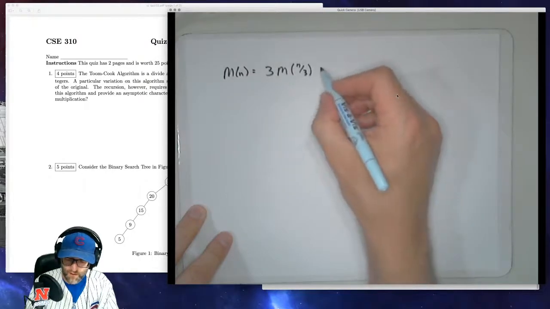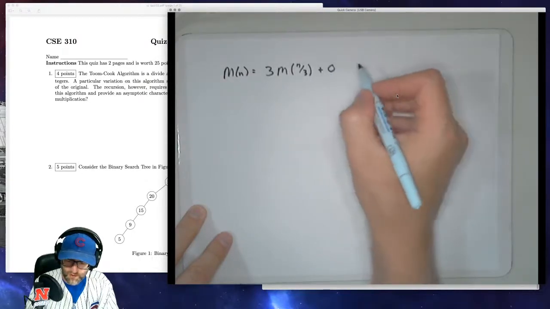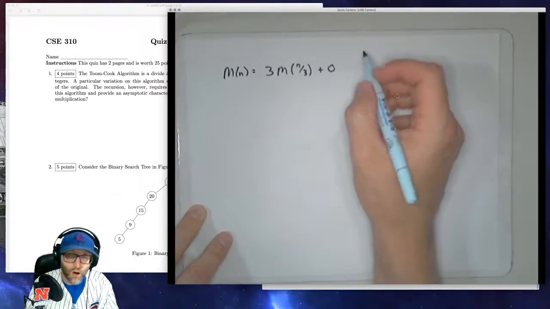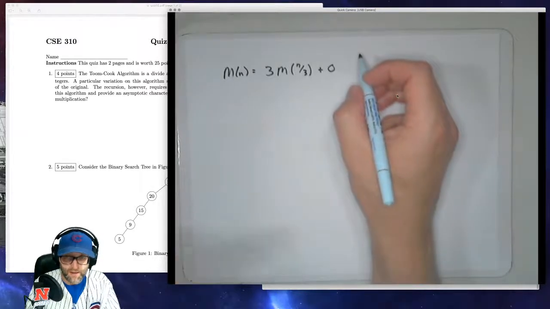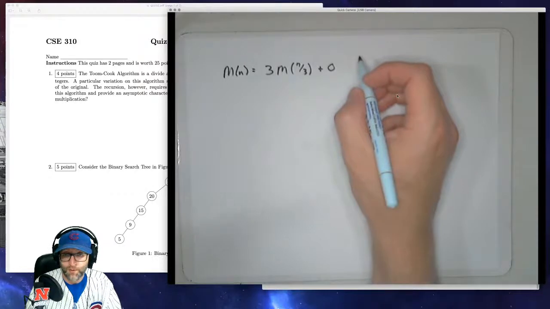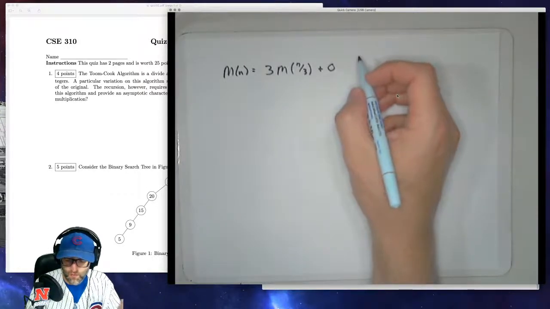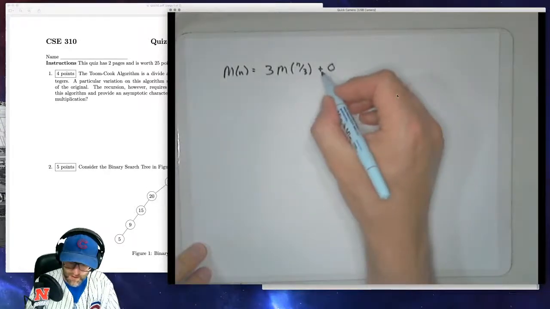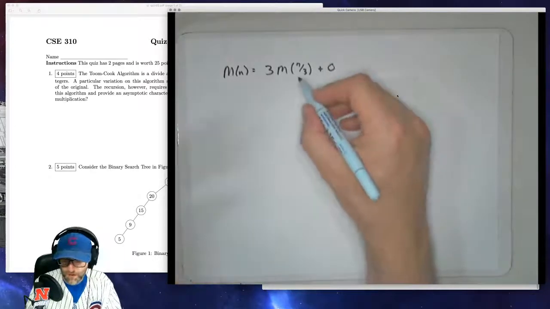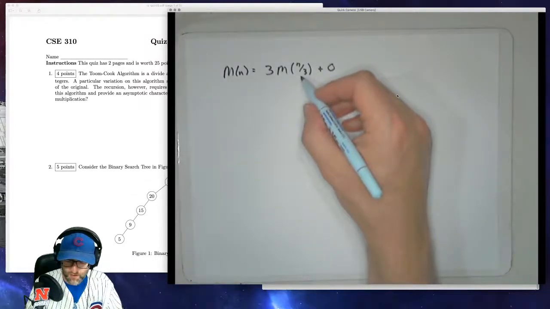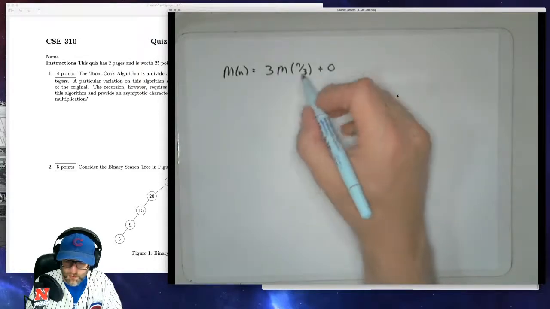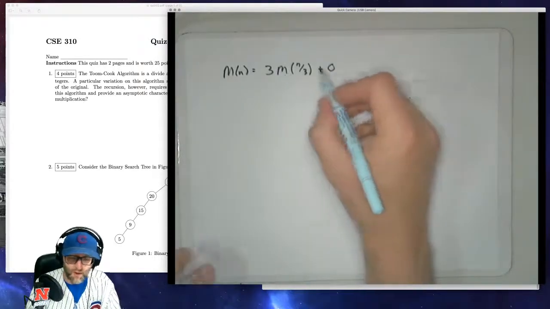Just like Karatsuba multiplication, we end up doing no non-recursive multiplications. In the base case, we probably do one multiplication with 2 one-digit numbers. But we probably do additions and maybe other bit shifting operations non-recursively. With respect to multiplications, we're not doing any.